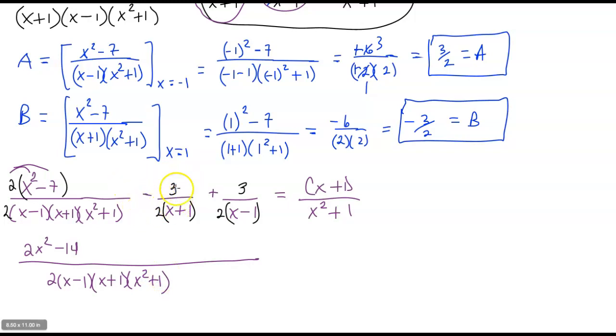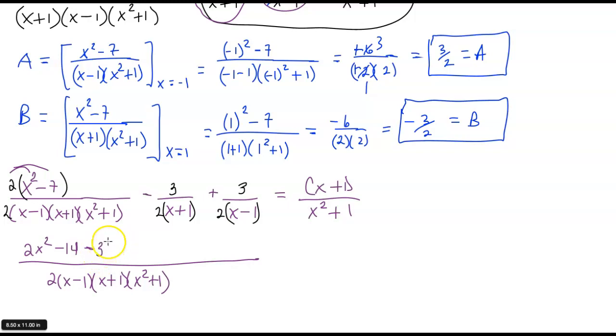Now for my second term here, I have this minus 3, but the only thing I have in the denominator is the x plus 1. That means everything else that I see in the denominator other than the x plus 1, I have to multiply times the negative 3 there.